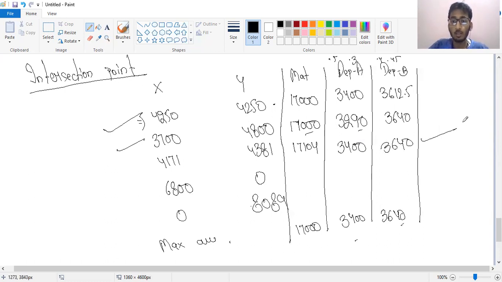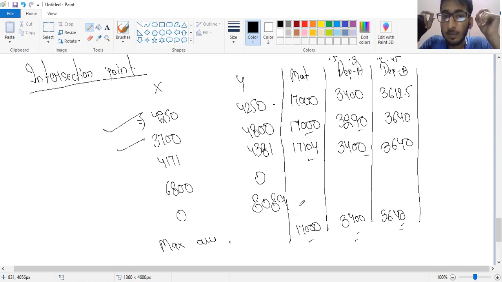So just see the third scenario. As per the third option, I require 3640 of department B hours and 3400 of department A hours, and I'm available with these. But I require 17104 kg material, but I am available with only 17,000 kg material.